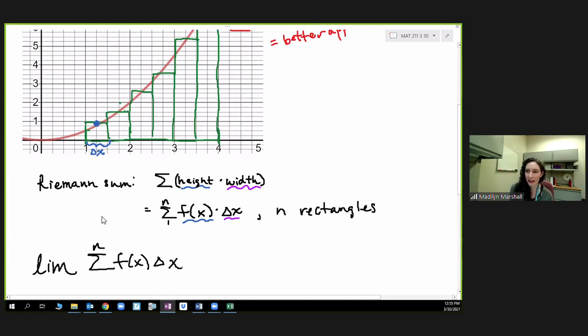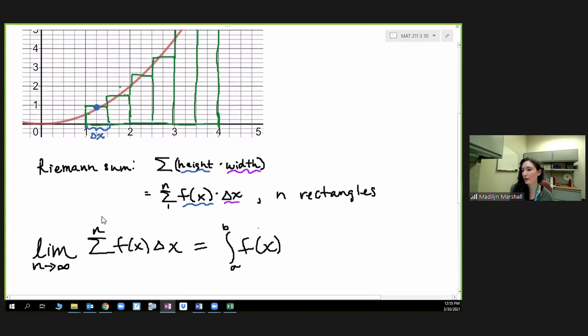So if there are n rectangles in this interval to find the area, if we look at the limit when we have infinity rectangles, we are going to get an exact area. So A to B is the interval that we're looking at. In this case, it's 1 to 4.